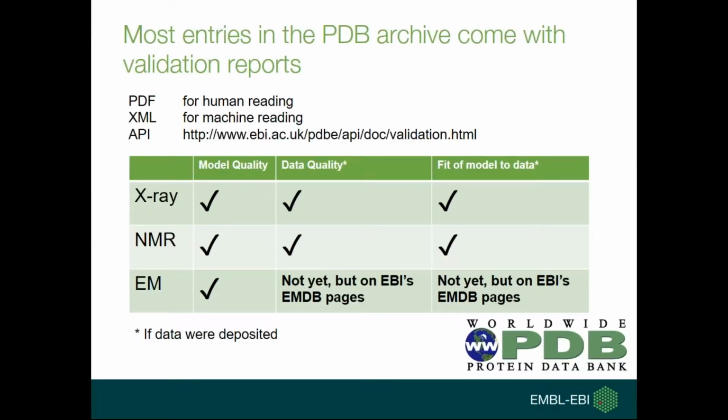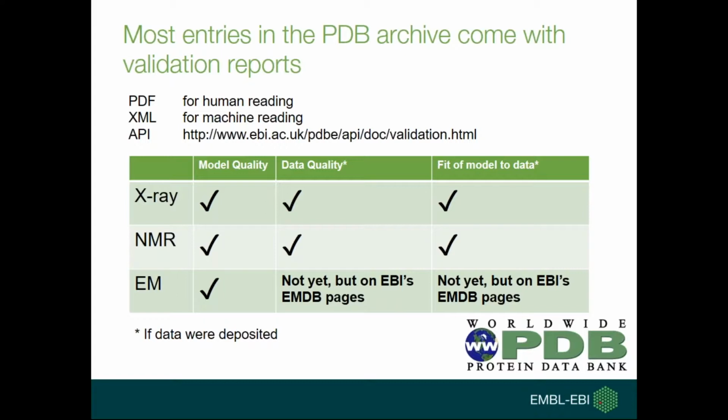So that means now that most entries in the archive come with a validation report which gives you that information. It comes in PDF, which is human readable, and there are XML formats for machine reading, and it's also available programmatically via our API. So for structures determined by X-ray crystallography, you can see that we assess the model quality, the data quality, and the fit of the model to the data.